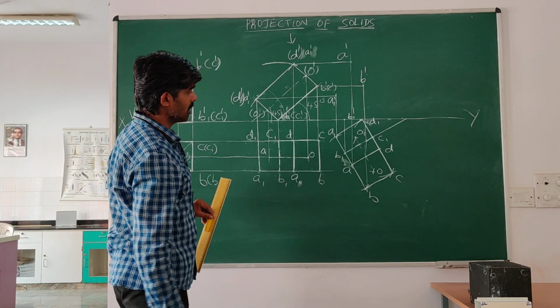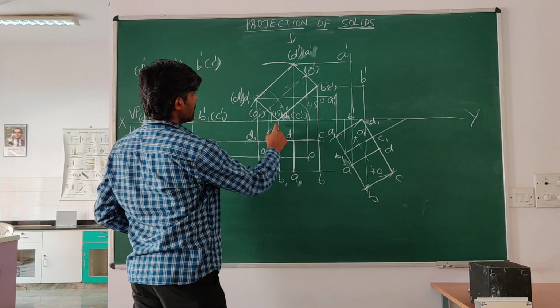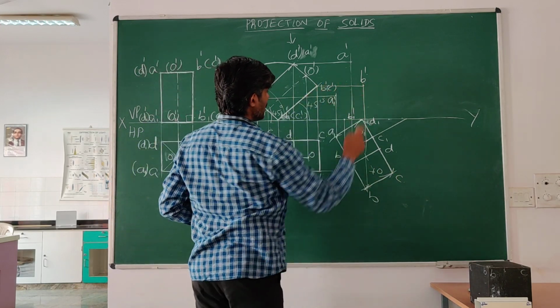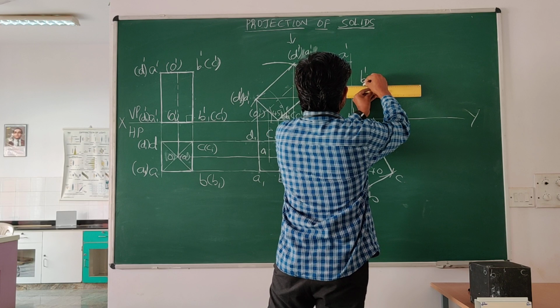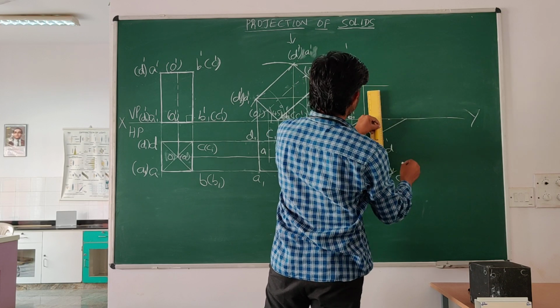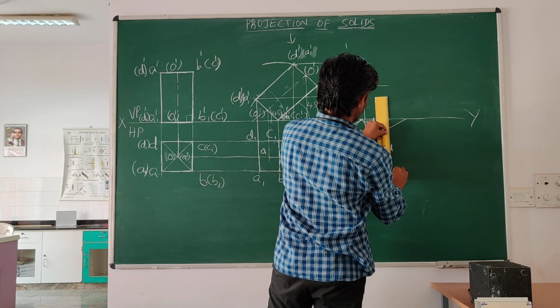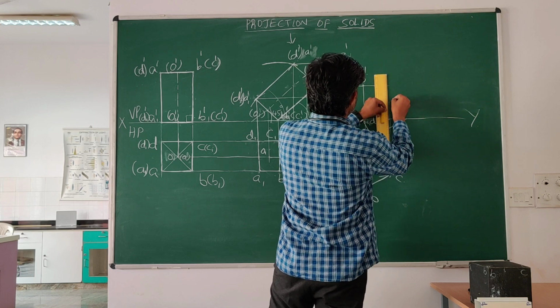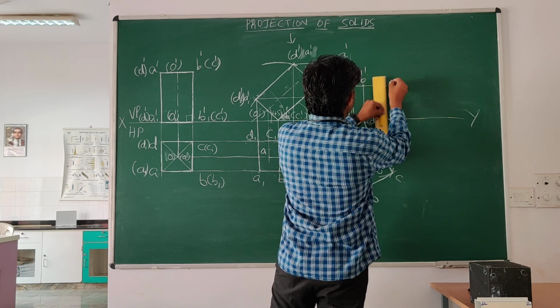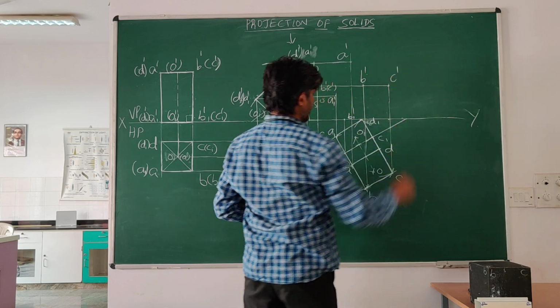Next is C. C is on the same line, so I will extend this line. So this is C dash.